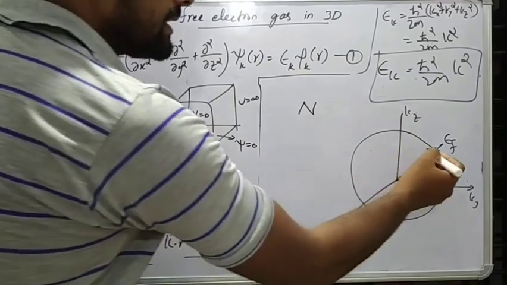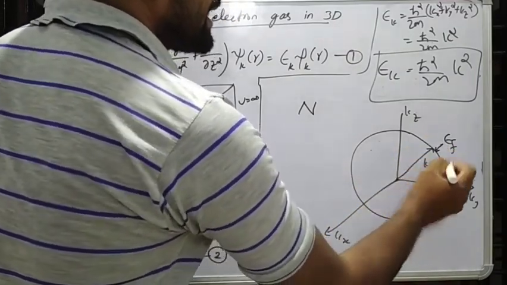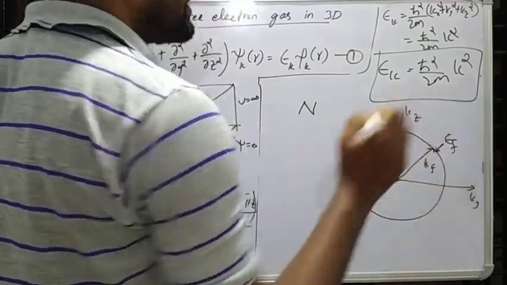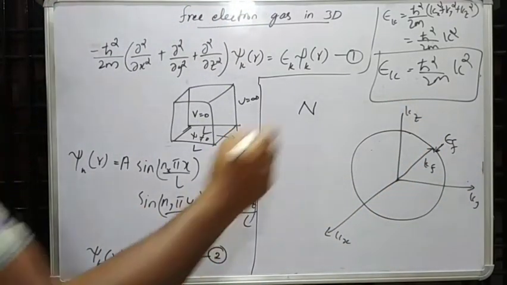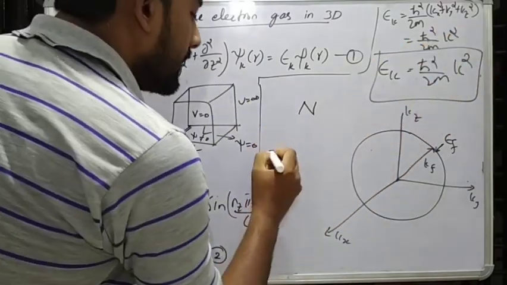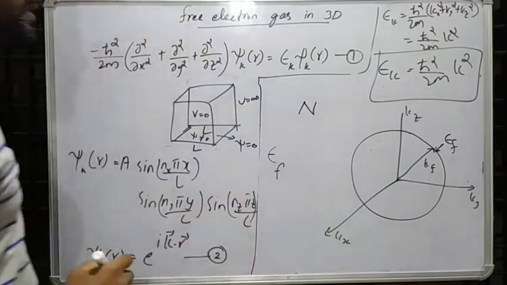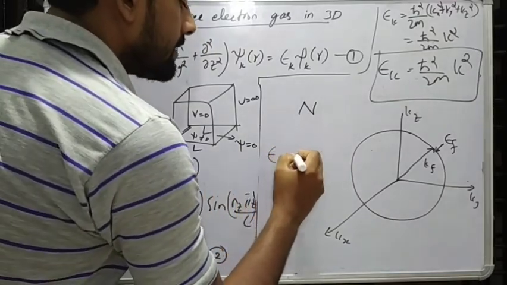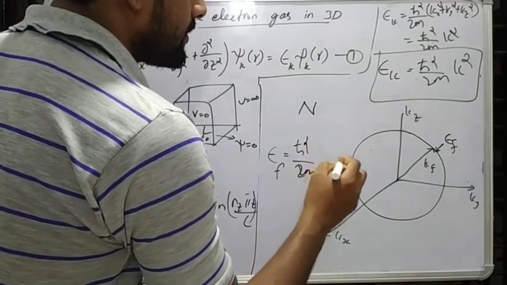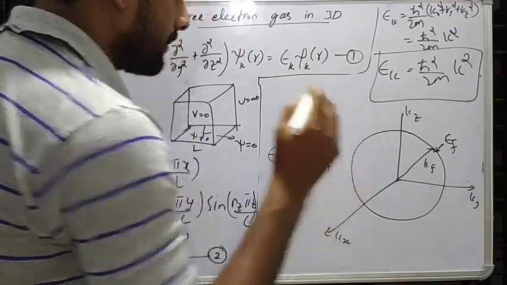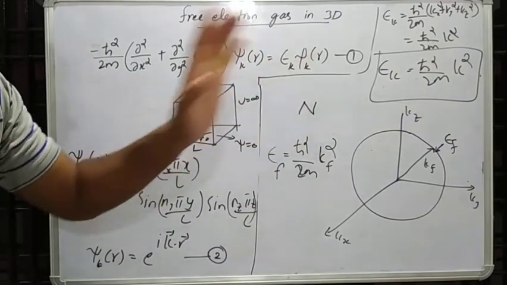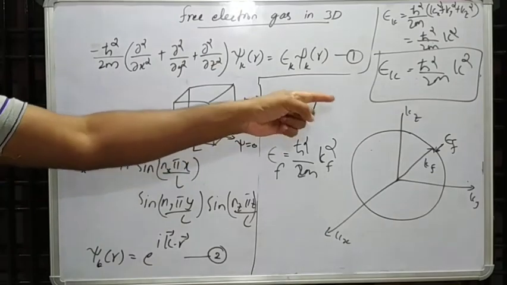Okay, with that the radius of that sphere is kF, and the energy at the surface is EF. So E_k equal to h bar square over 2m k square, and this is the Fermi energy at the surface, E_F is equal to h bar square over 2m kF square.